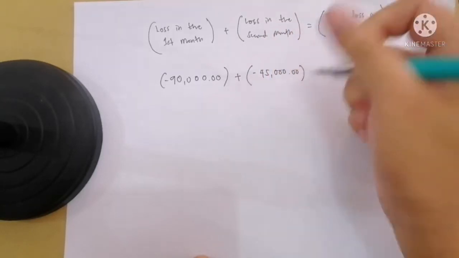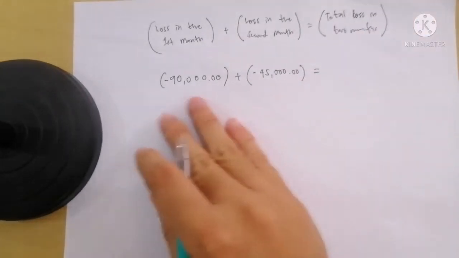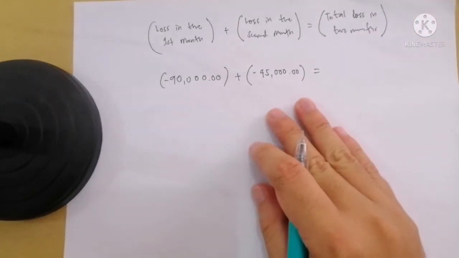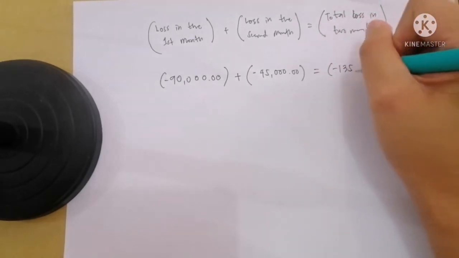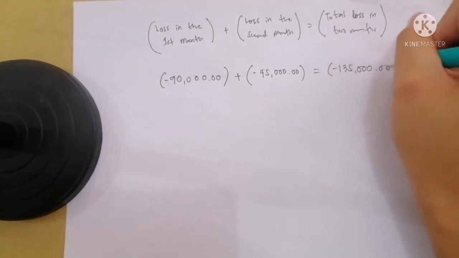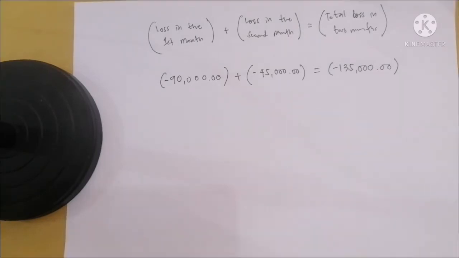And if we add both, on total losses, that is 135,000 pesos. So the store had a total loss of 135,000 pesos in 2 months. And this example shows an addition of two negative integers.